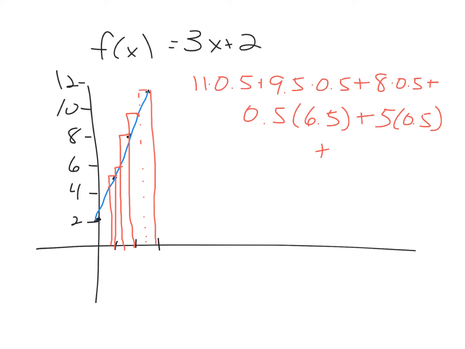And the last one at 0.5, the output is going to be 3.5. You add that all together, and what do you get? We'll get a sum of 21.75.